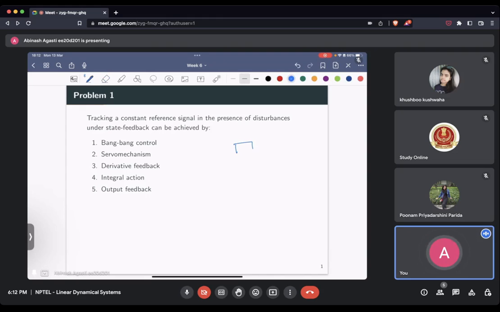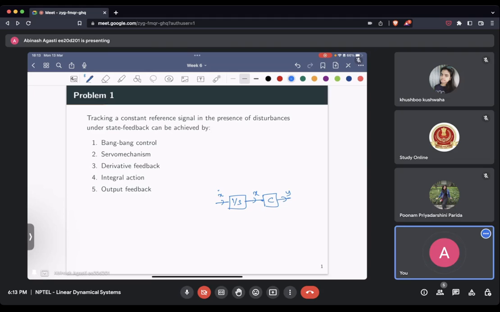So consider this first. Yeah, this is x dot. So we'll get x here, which is the state of the system. Then from the state, we can obtain the output y, which is c times x.